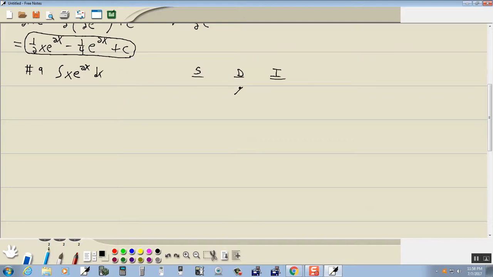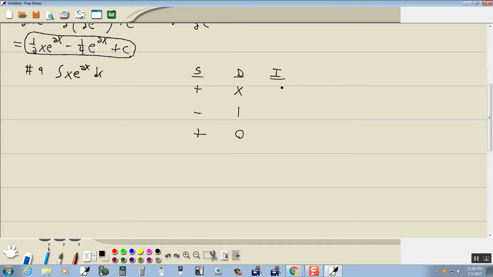So we put x here, and the derivative of x is 1, and then the derivative of 1 is 0. Your idea is when you take the derivative, you want to get it down to 0. And so we go plus, minus, plus.